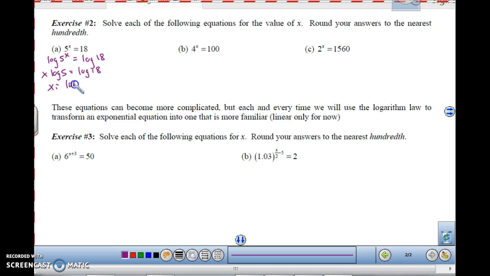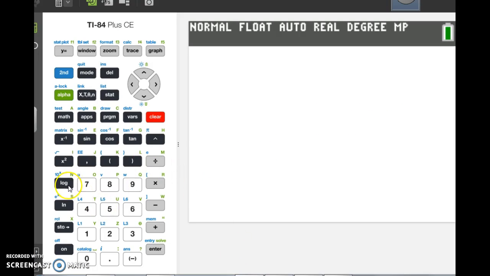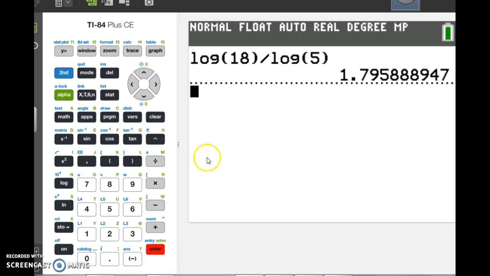So x is equal to the log of 18 divided by the log of 5. I'm going to put that in my calculator. Log 18 divided by log 5. And rounded to the nearest hundredth, this will be 1.80.